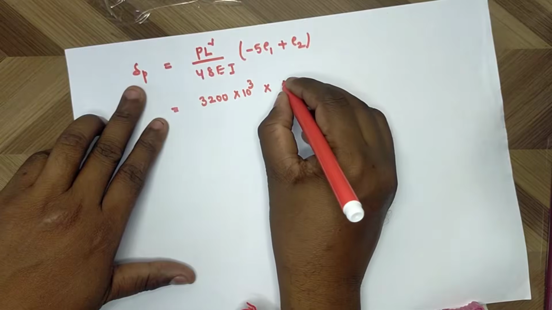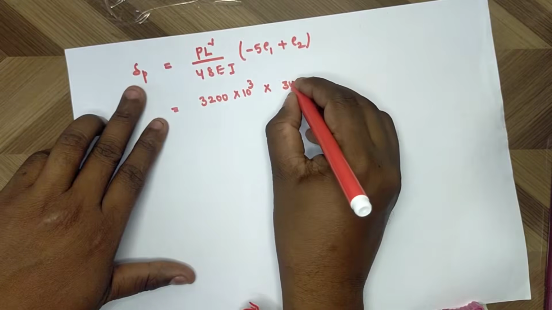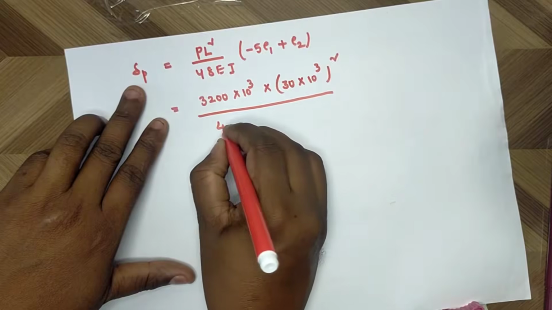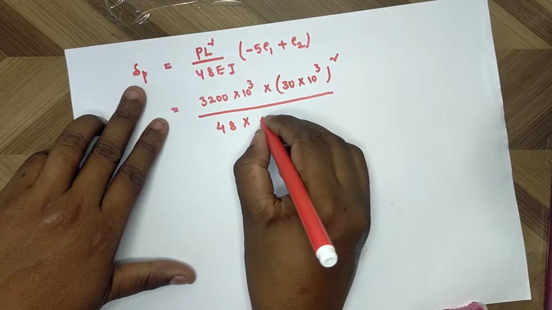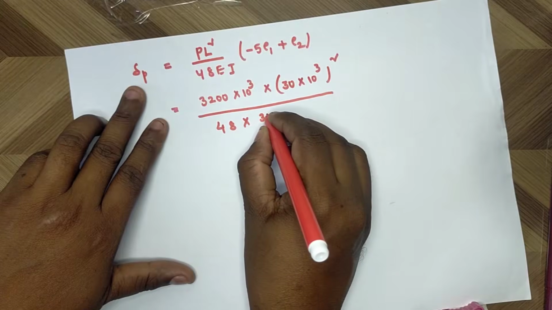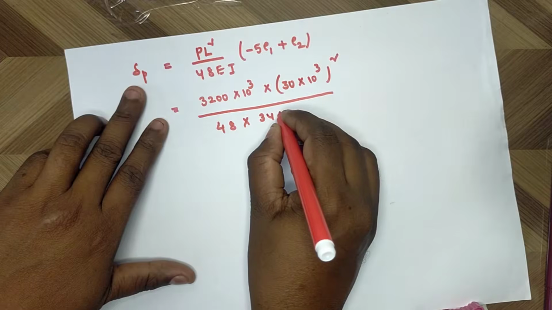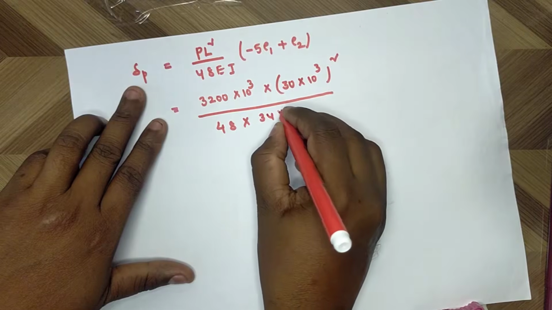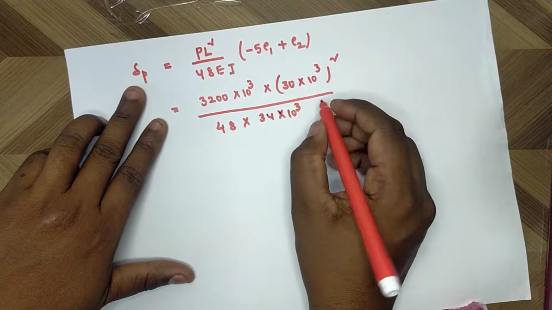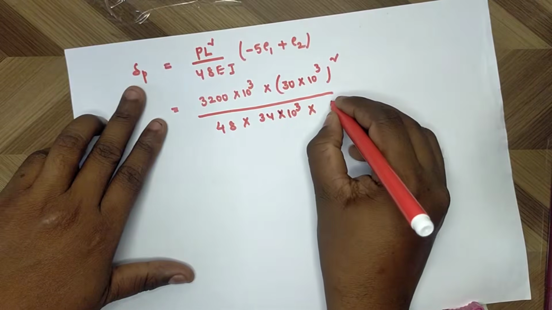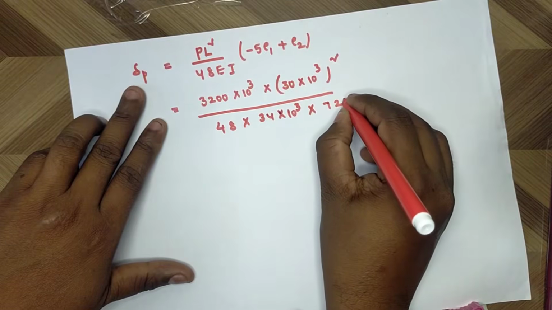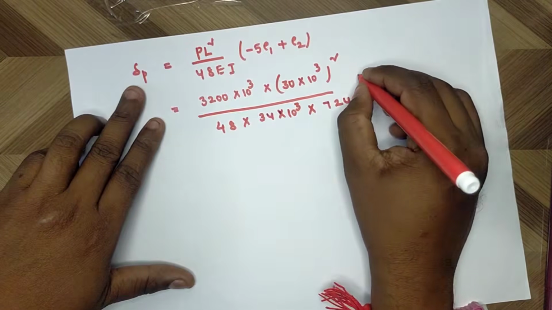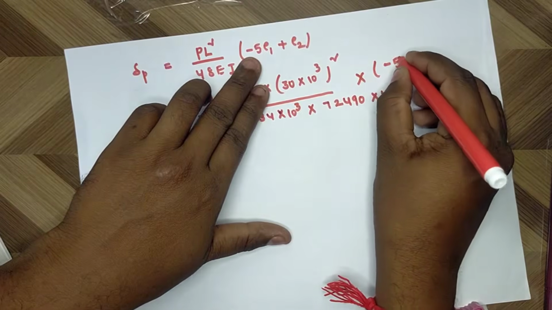Length is 30 meters, times 10 cube, whole square, divided by 48 times modulus of elasticity 34 kilonewton per mm square, converting into newtons, multiplied by moment of inertia 72,490 times 10 power 6, multiplied by minus 5.